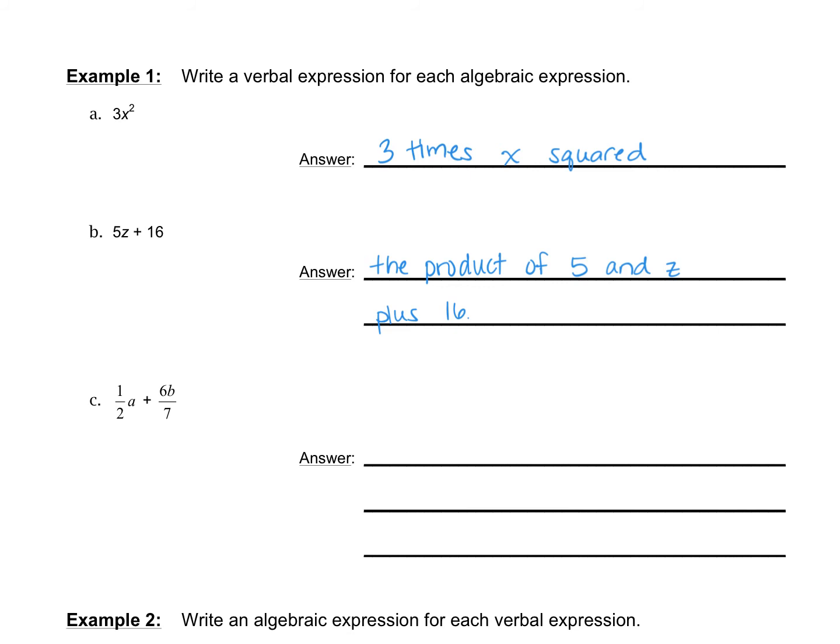Okay, for the next one, it says 1/2 a plus 6b over 7. So there's multiple ways that we can write this as well. Just depends on the vocabulary that we're using. So again, the 1/2 a, this is actually multiplication.